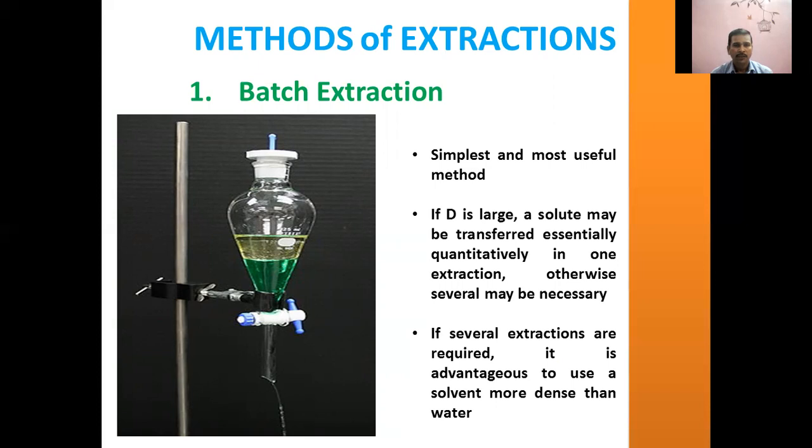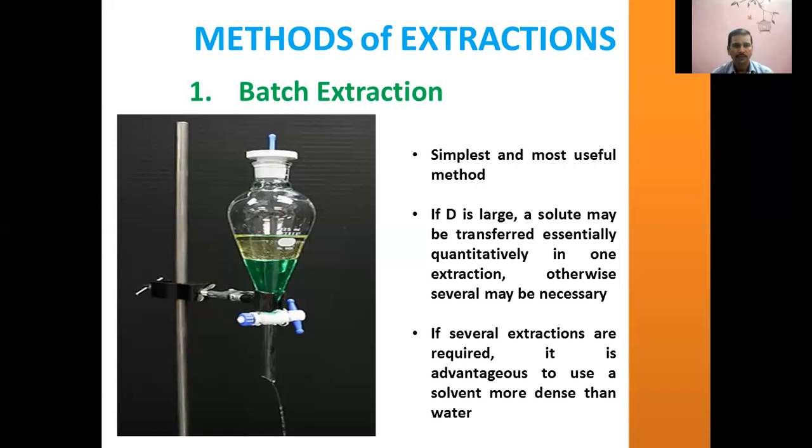Suppose the transfer of solute from one liquid phase to another is not possible to the maximum extent by doing only one extraction. Then you may have to do multiple extractions using lesser volumes of the organic solvent.